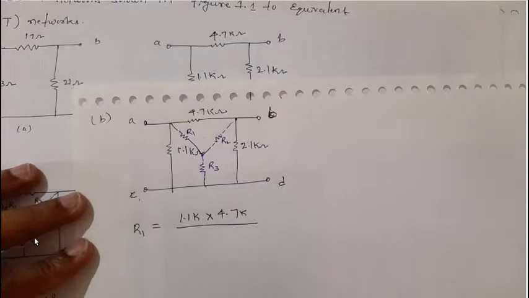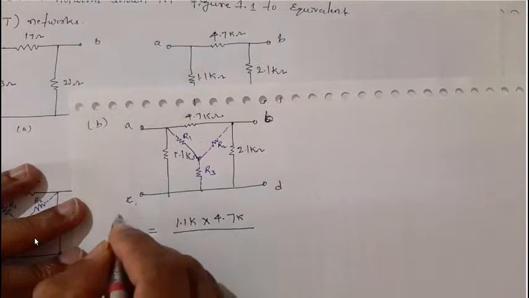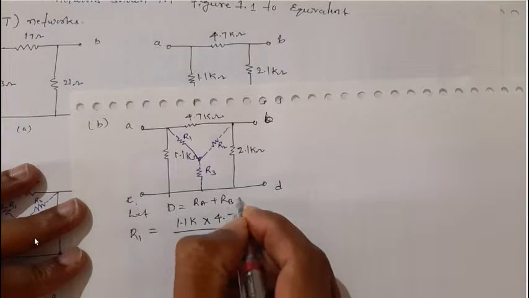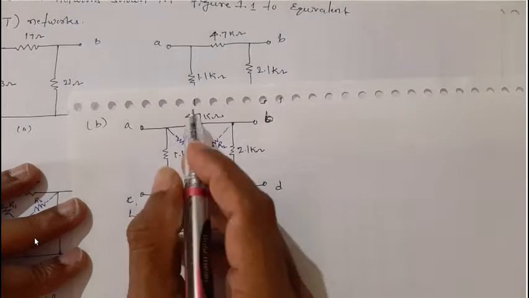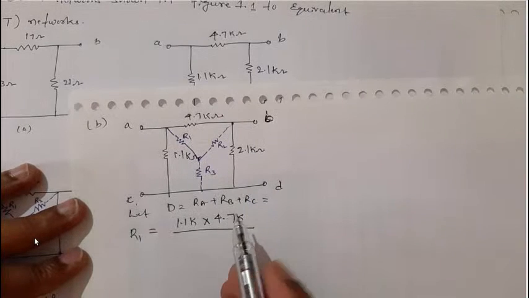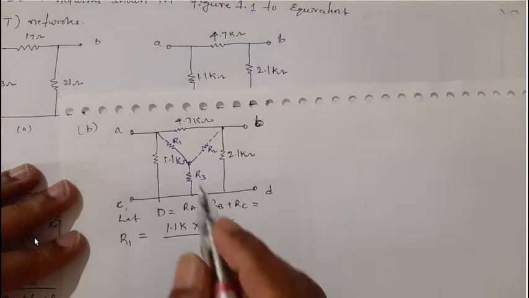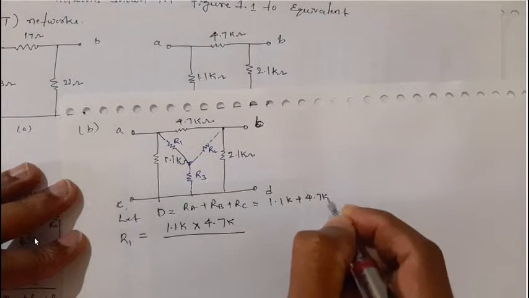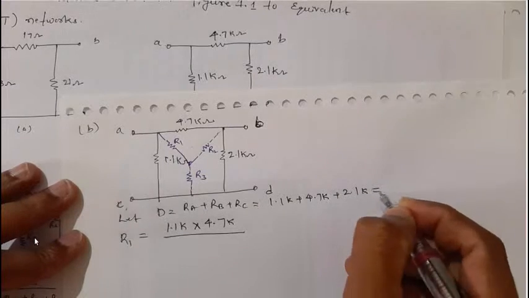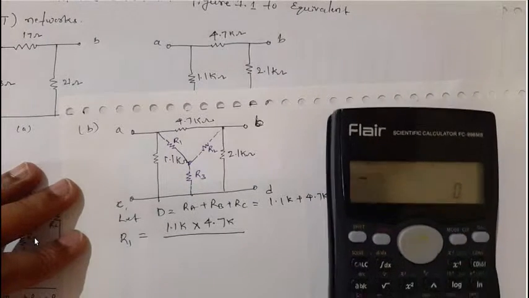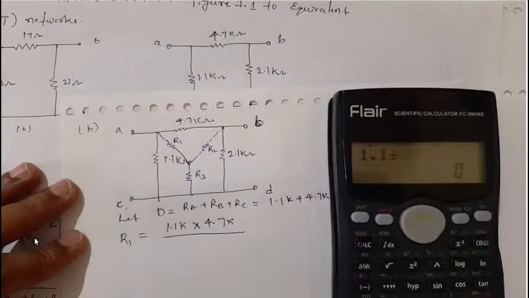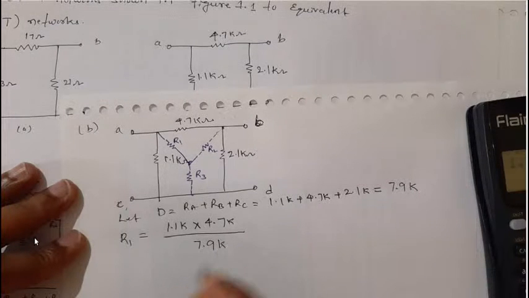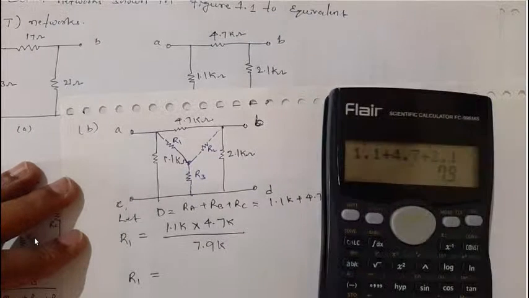Before that, let D be equal to RA plus RB plus RC. If I add all, D is 1.1k plus 4.7k plus 2.1k, which is 7.9k.